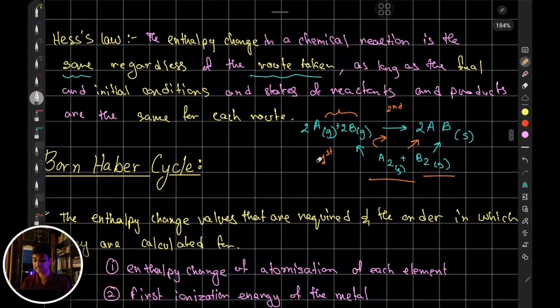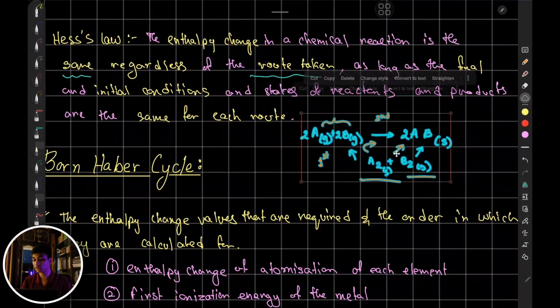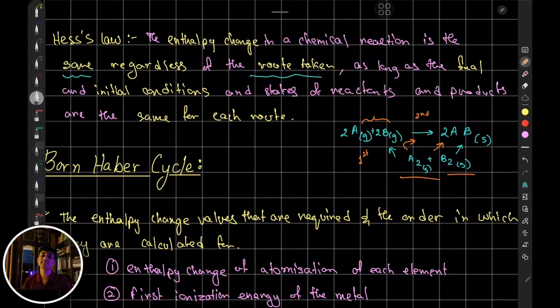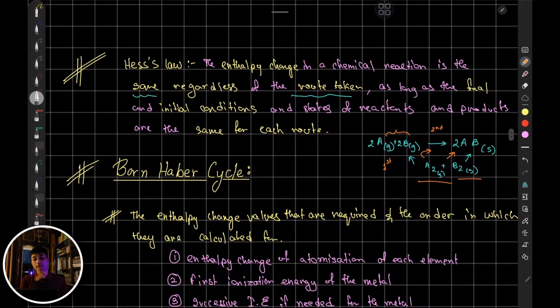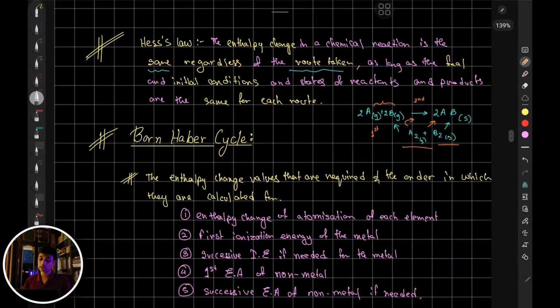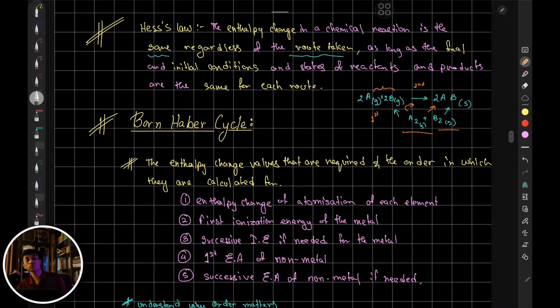So as long as these conditions are met, you can rest assured that they're going to have the same change in enthalpy. Therefore, again, Hess's law mentions that the enthalpy change in a chemical reaction is the same regardless of the route taken, as long as the final and initial conditions and the states of the reactants and products are the same for each route.